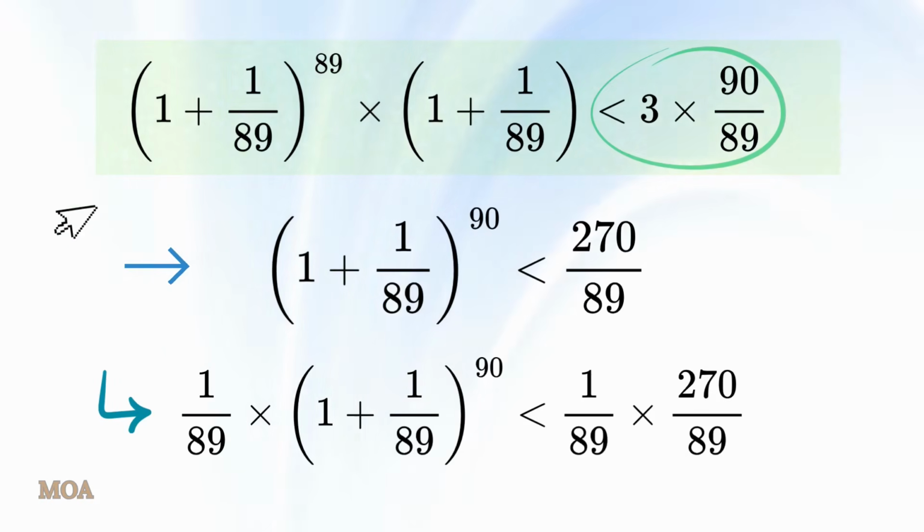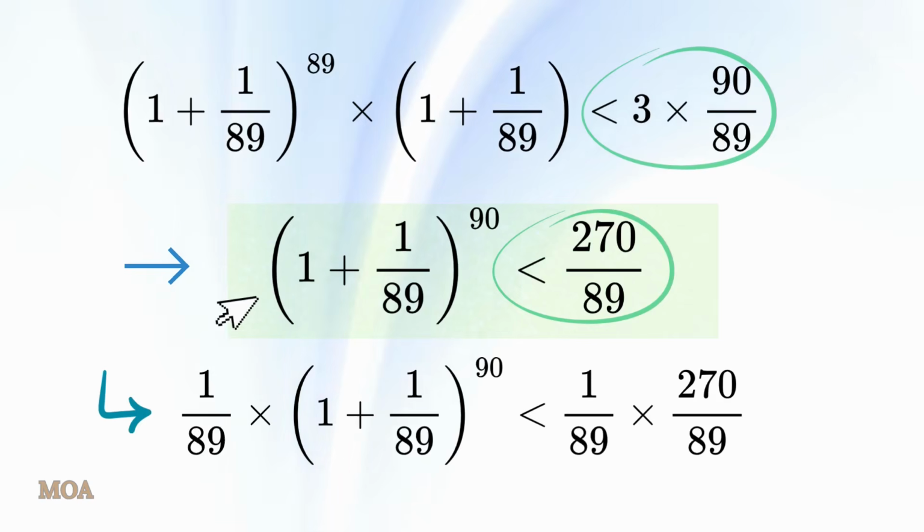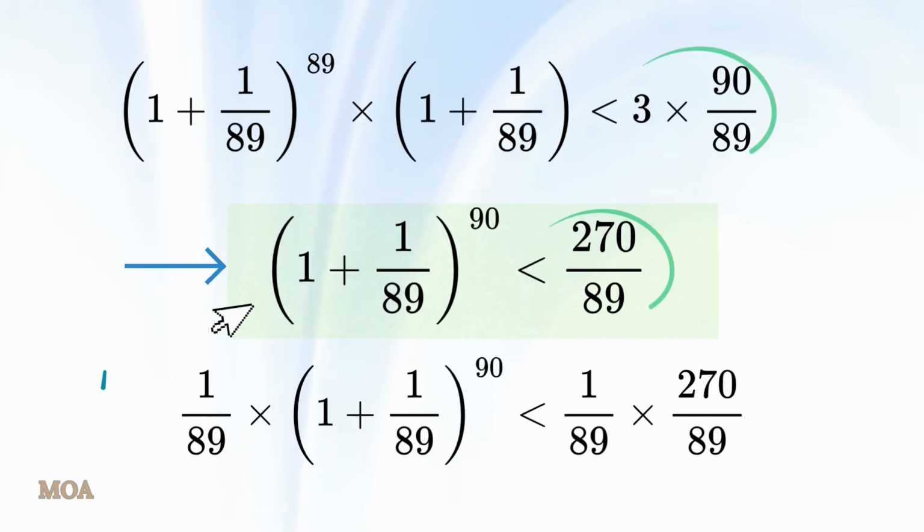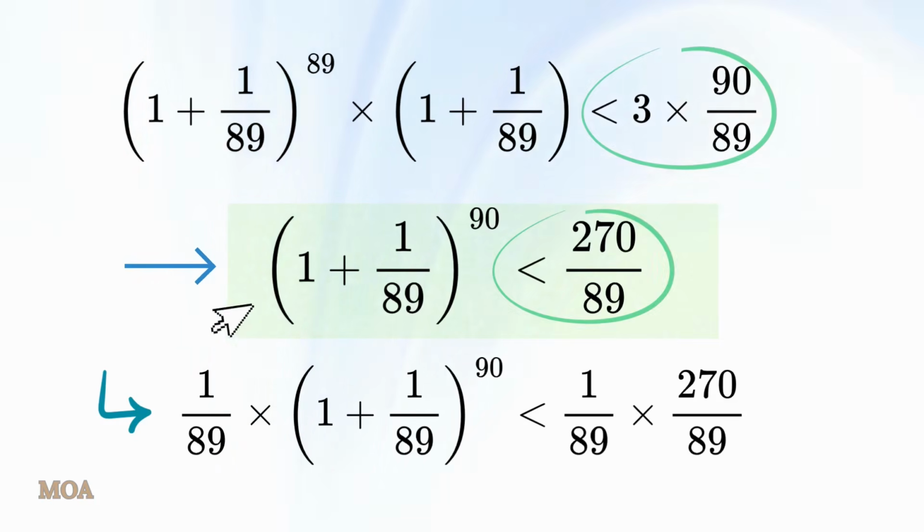Now, since 1 plus 1 over 89, all to the power of 89, multiplied by 1 plus 1 over 89, equals exactly 1 plus 1 over 89, all to the power of 90, and since 3 times 90 over 89 equals 270 over 89, the preceding inequality becomes 1 plus 1 over 89, all to the power of 90, is strictly less than 270 over 89.